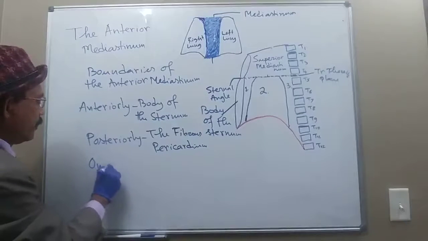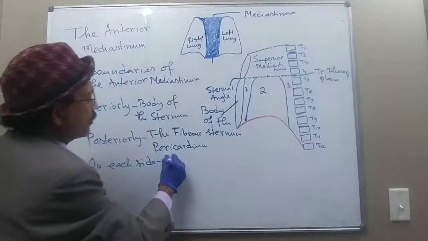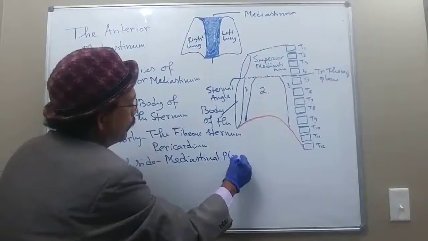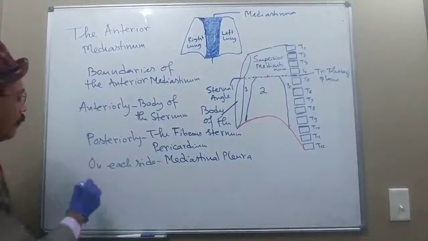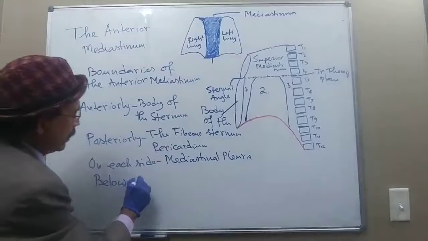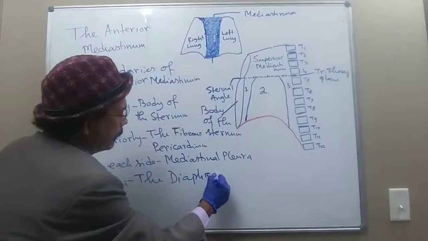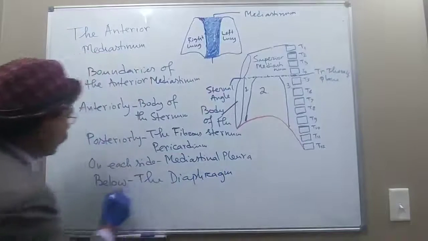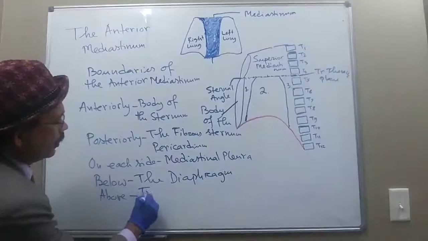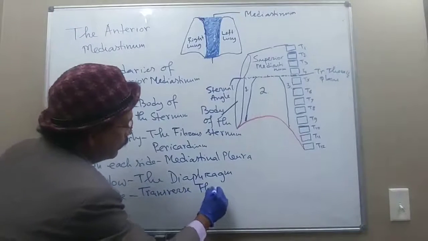On each side, the mediastinal pleura. Below, it is bounded by the diaphragm. Above, it is bounded by the transverse thoracic plane.